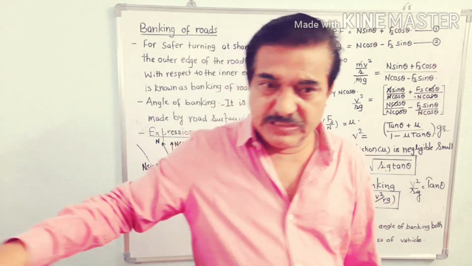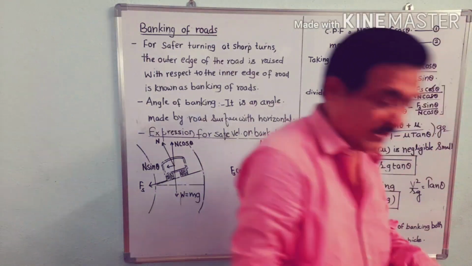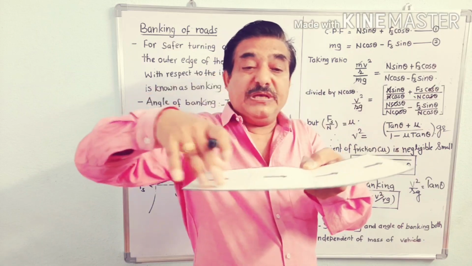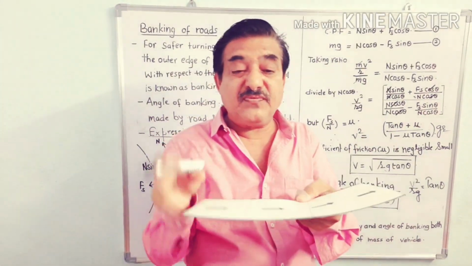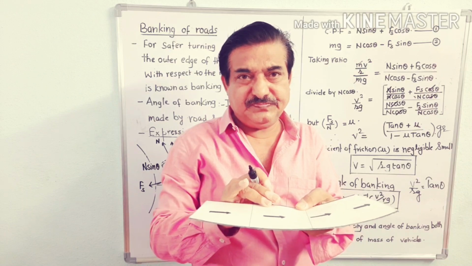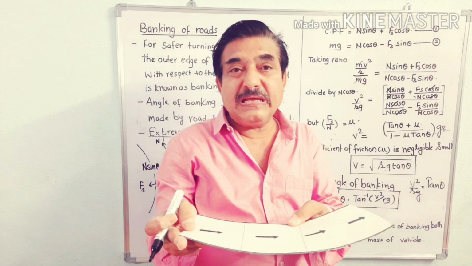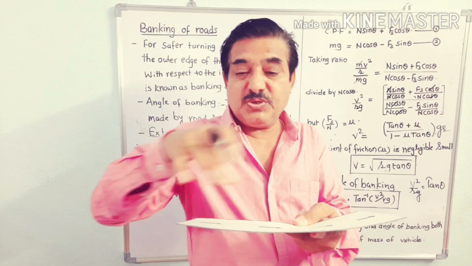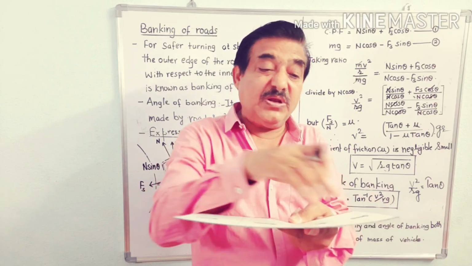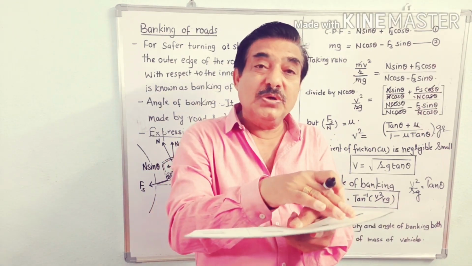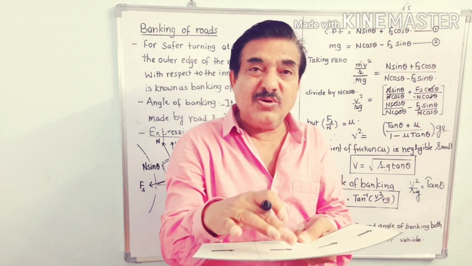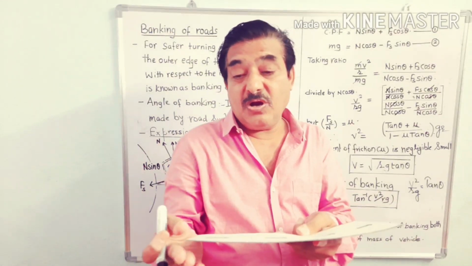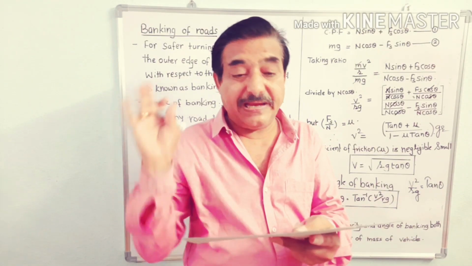If this is a plain horizontal curve road, and on this curve the safe velocity limit is 40 km per hour, then without making any change, just by raising the outer edge, it means the road is banked, the safe velocity can be increased to 60, 70, 80, 100 km per hour on changing the angle of banking.